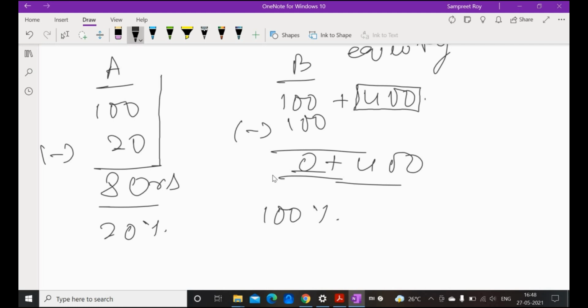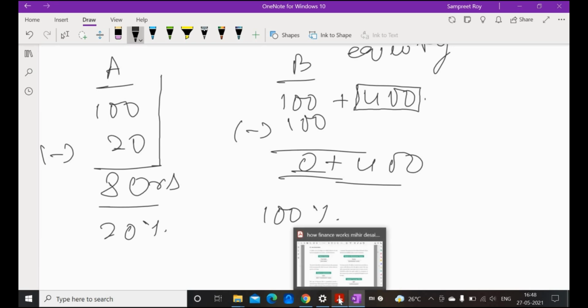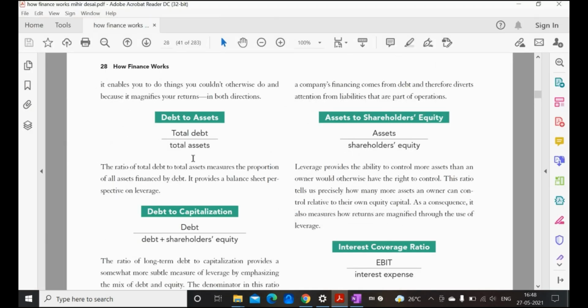That is why managing leverage is a difficult task. So let's go to the next ratio, that is debt to assets.